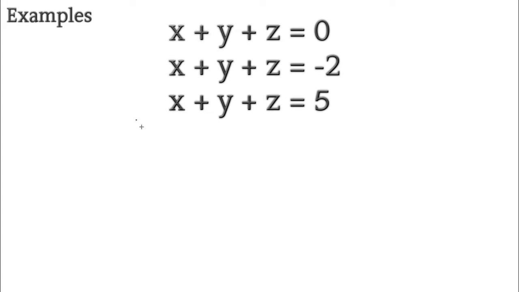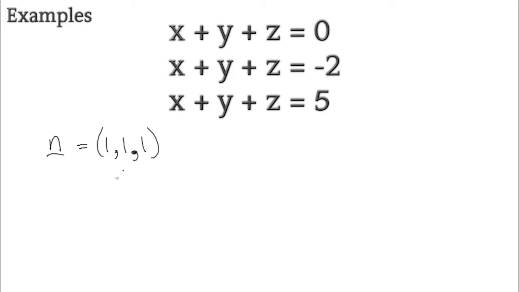If we rearrange this such that it equals the vector equation of a plane, then you should be able to see that the normal vector of all of them is (1, 1, 1).